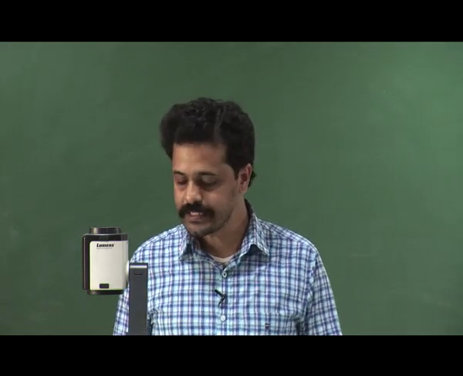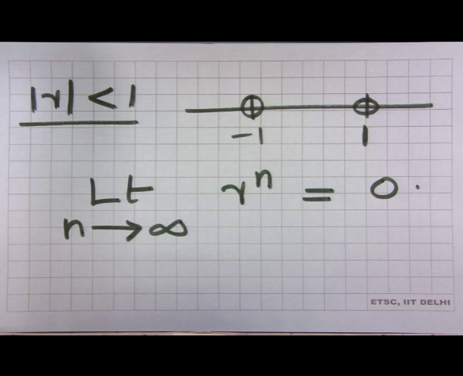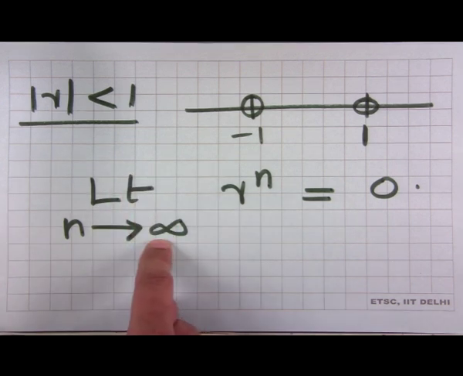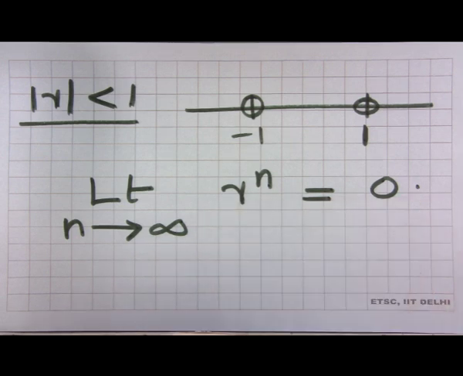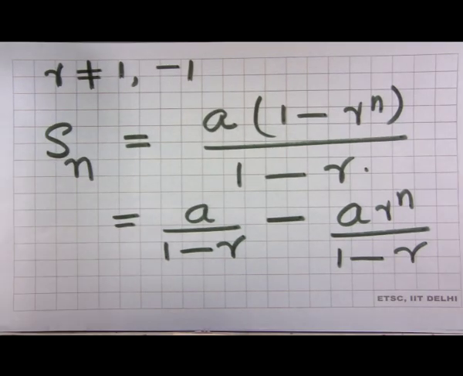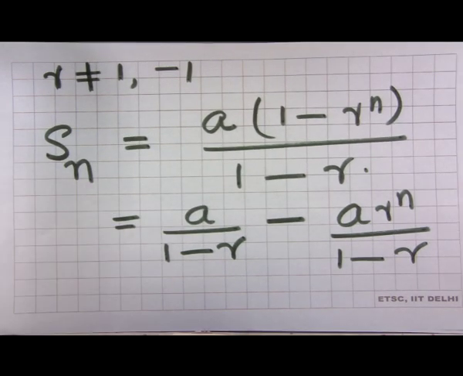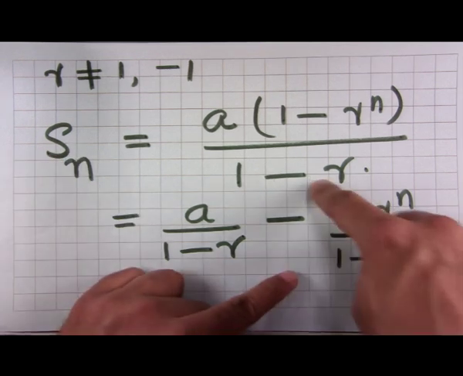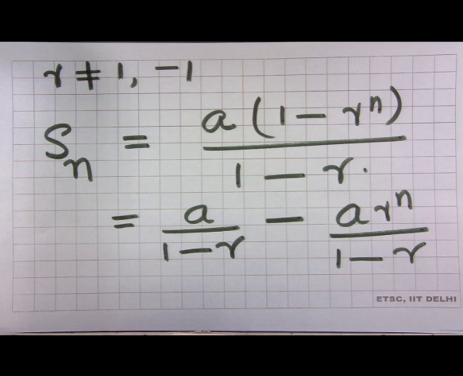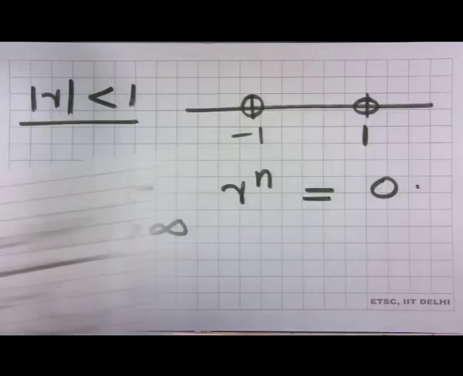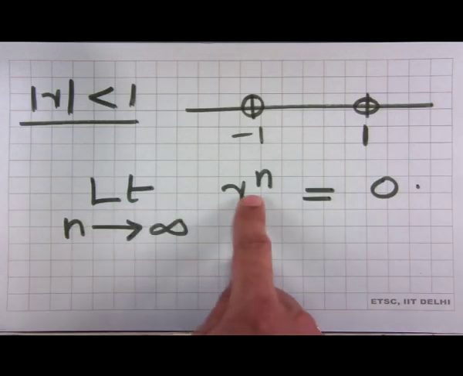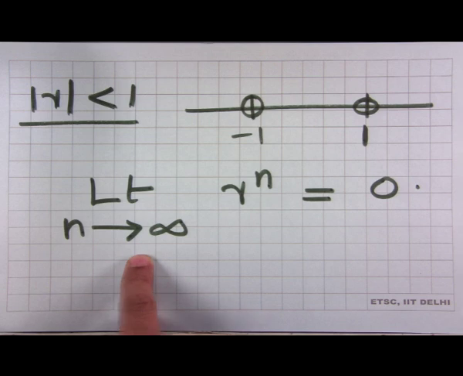That is how intuitively you can argue limit n tending to infinity r power n equal to 0. Due to this, going back to Sn, we can observe that as n becomes arbitrarily large, the second term becomes close to 0 as limit r power n as n tending to infinity is 0.